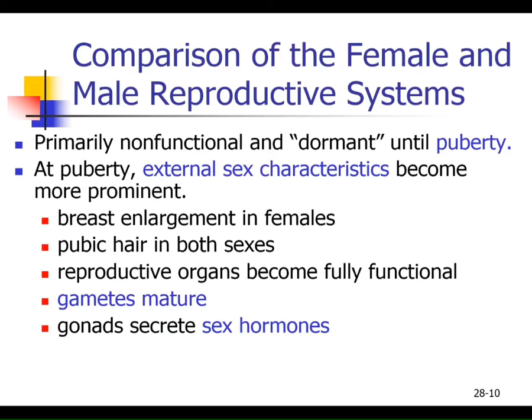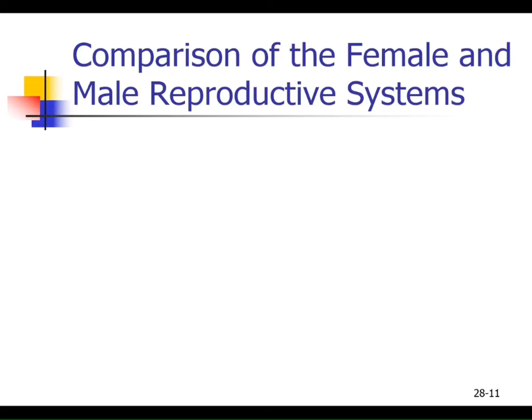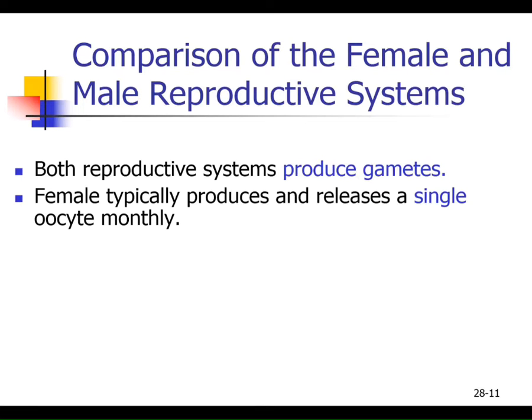But also, this is when the gametes are going to mature. The sperm are going to start being produced for the very first time. The eggs, remember, were already produced back in fetal development, but they will begin to go through those series of development at puberty. And all this is corresponding with the production of the sex hormones by the gonads.